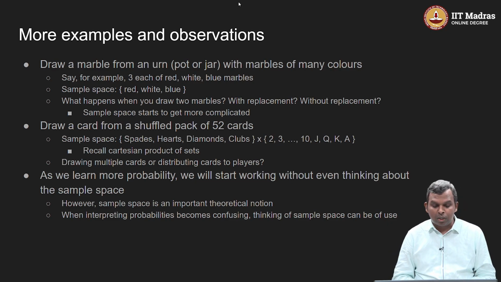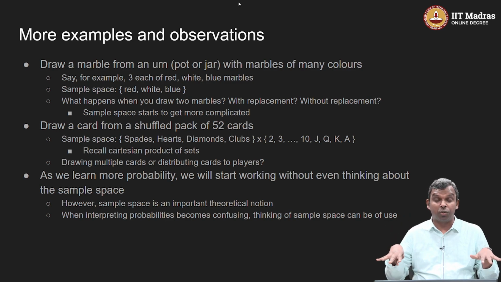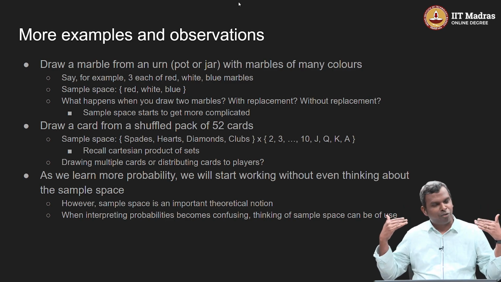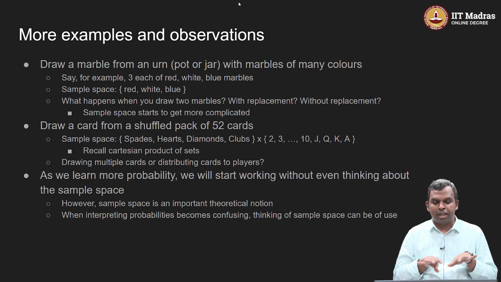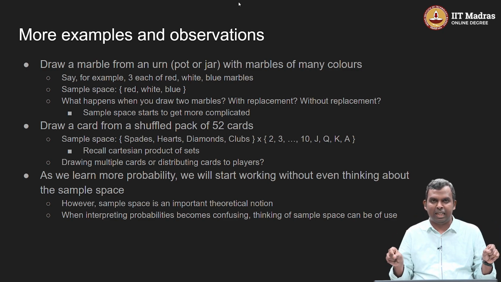So the sample space, one can conveniently write it as the Cartesian product of these 2 sets: the set of suits, Cartesian product with the set of values. Recall Cartesian product from math 1, right? You have 2 sets, and when you do the Cartesian product, it's basically a pair, one from the first set, another from the second set.